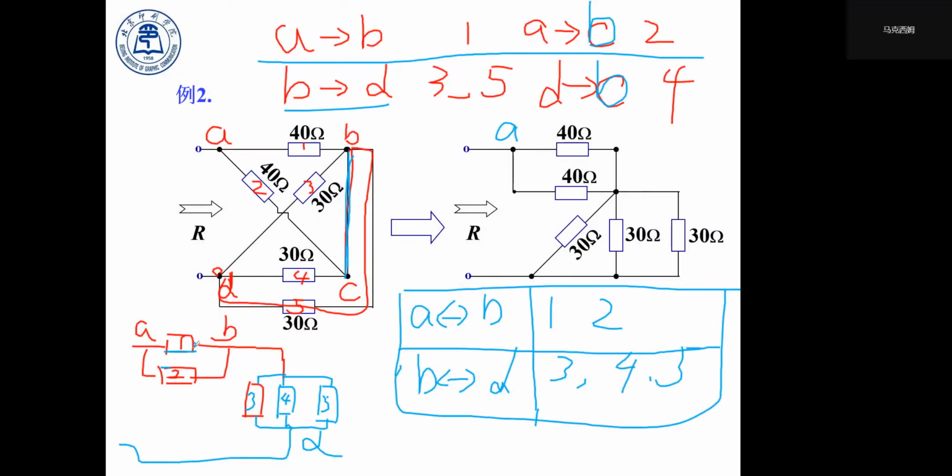And since we know in a parallel connection, the equivalent resistance between point A and point B, RAB, equals those two resistors in parallel form. And resistor 1 is 40, resistor 2 is 40.